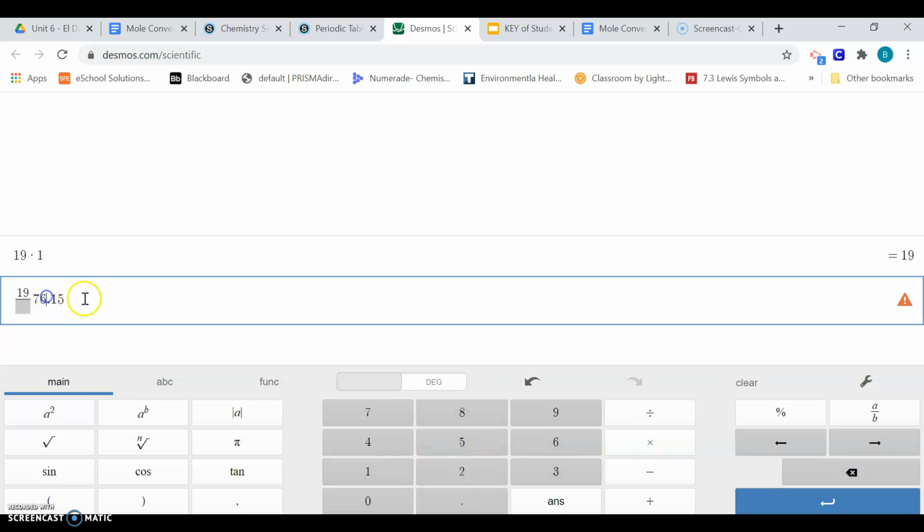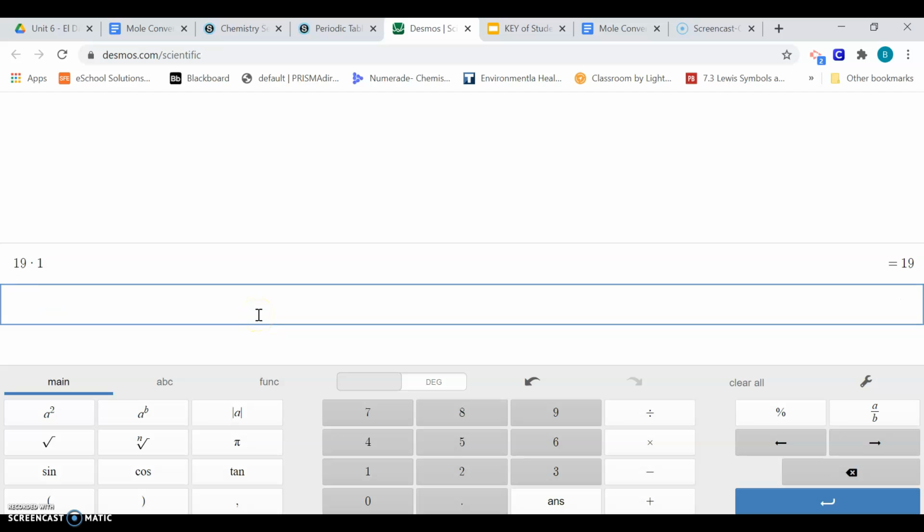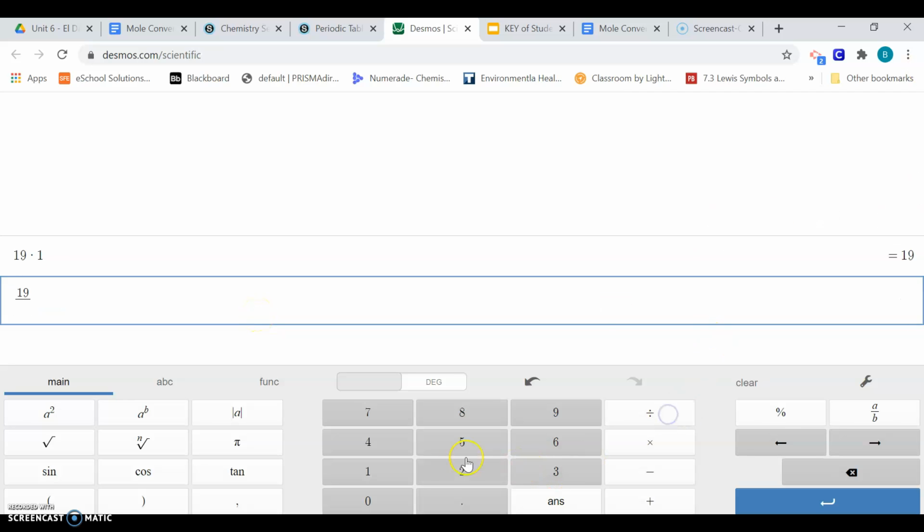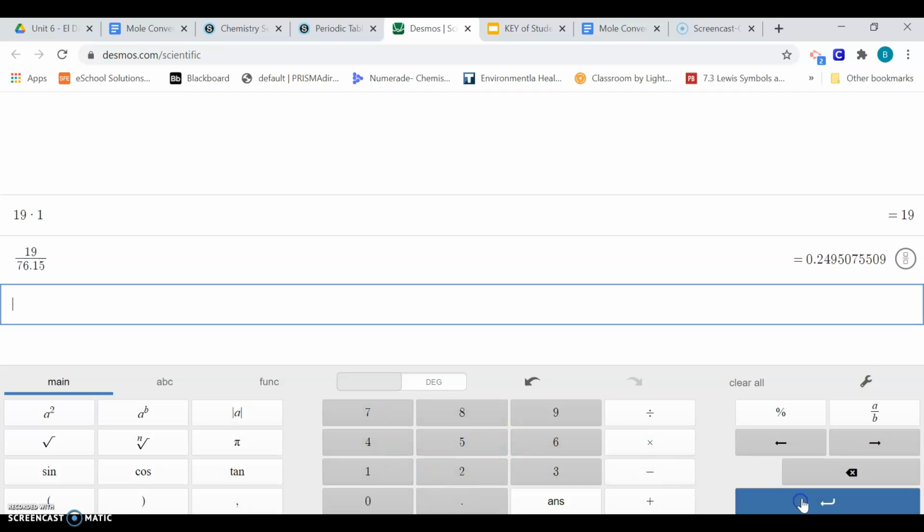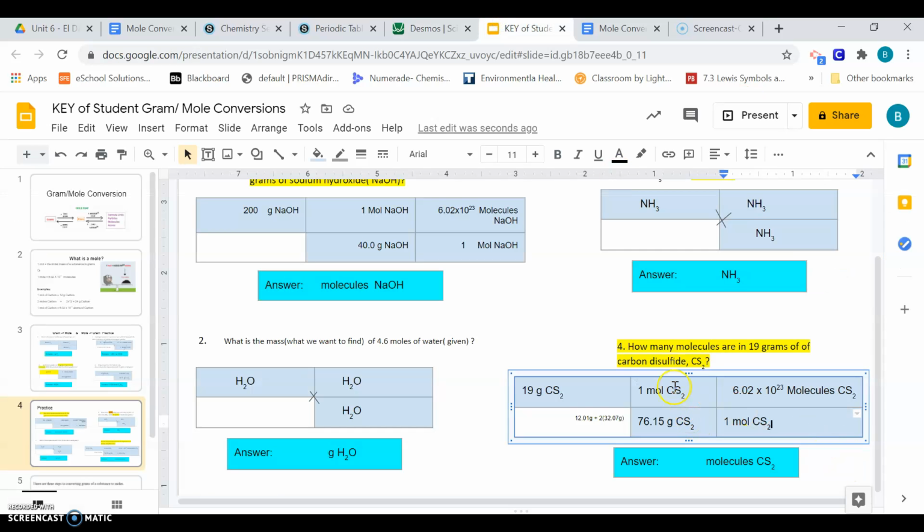That equals, that is not right. So 19 divided by 76.15 is equal to 0.25. If we were to stop there, that would say 0.25 moles, but we're trying to find molecules. So then we need to multiply that 0.25 by our 6.02 times 10 to the 23rd, and then divide by 1.